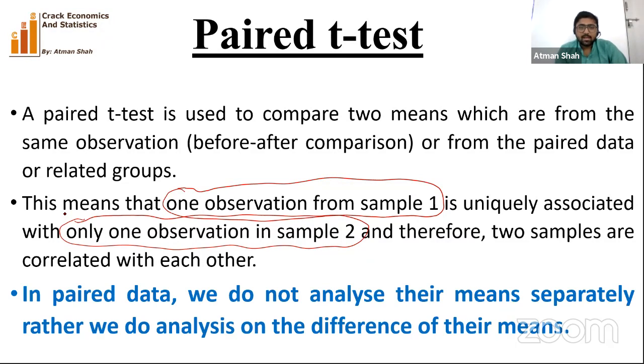So in paired data, we do not analyze their means separately. We are not going to analyze the mean of the two samples separately. We rather analyze the difference in their means, whether that difference in the means is statistically significant or not. So we are not going to treat these two samples separately.